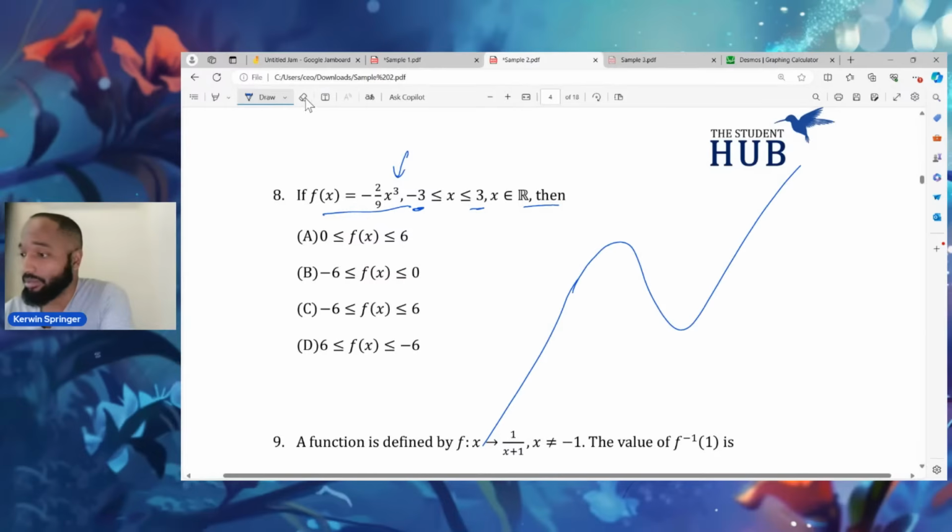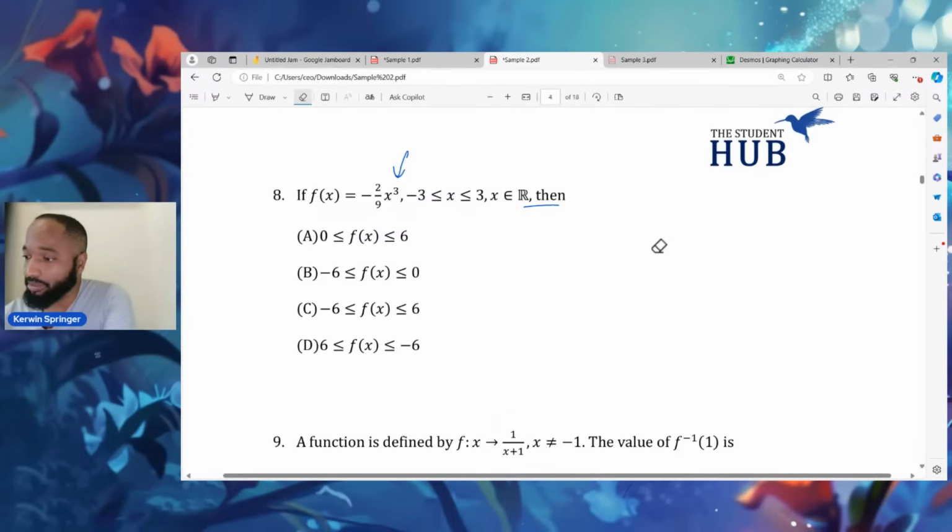Let me try something here, because sometimes you think you get the range and you did not get the range. Okay, fine. Let me substitute negative 3 into this and see what happens. Minus 2/9 by negative 3 to the power of 3.